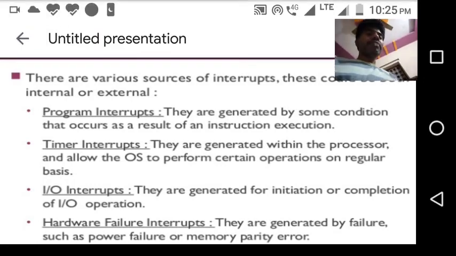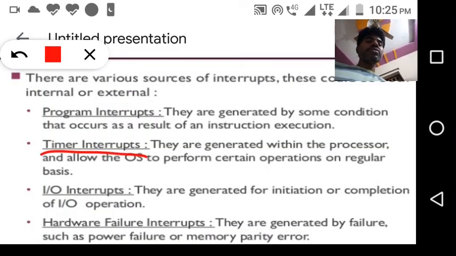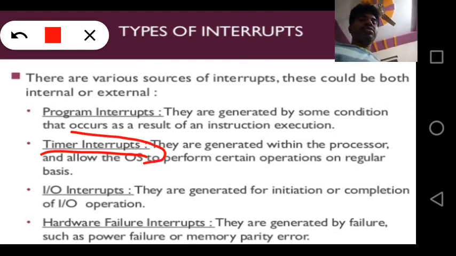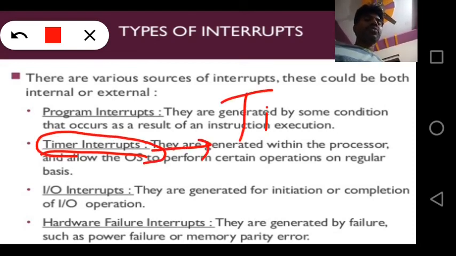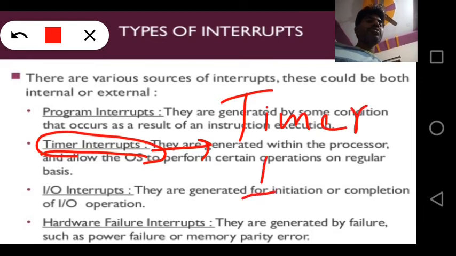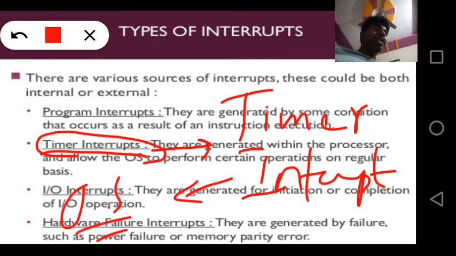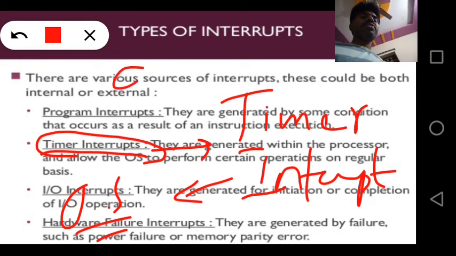Second one, timer interrupts. These timer interrupts are generated within the processor and allow the OS to perform certain operations on a regular basis. This timer interrupt is especially used by the operating system to manage internal tasks, such as, the best example, garbage collection.